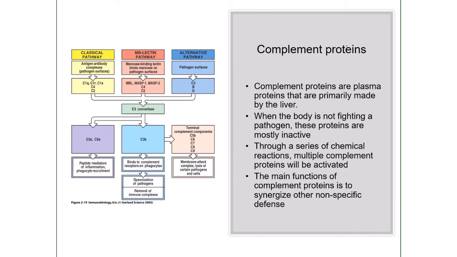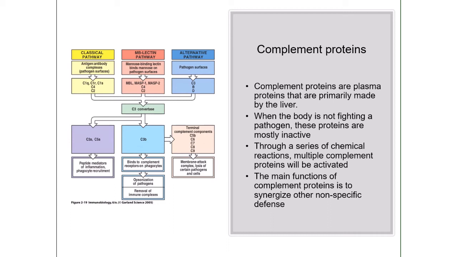Next, we have something called complement proteins. Complement proteins are basically plasma proteins. There are many different types of complement proteins, and their names are kind of boring, right? C1q, C1r, and so on, and they are mostly made in the liver, and when the body is not fighting a pathogen, most of these proteins remain inactive.